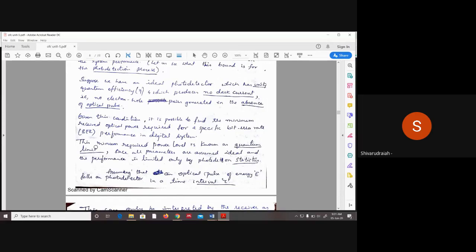If I consider 10 power minus 9, for every 1 billion bits there may be one bit which is error prone. 10 power minus 9 is nano. That means out of 1 billion bits, only one bit is error prone. That is the meaning of bit error rate.